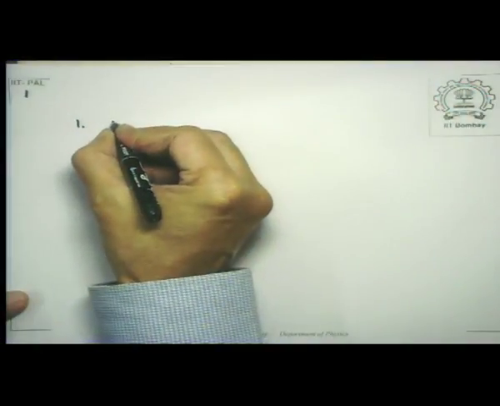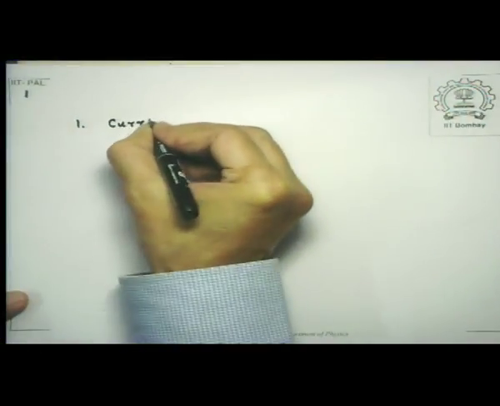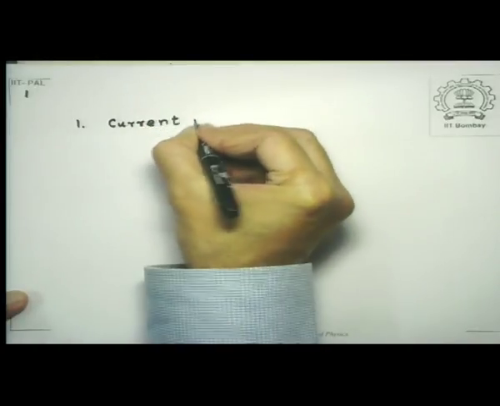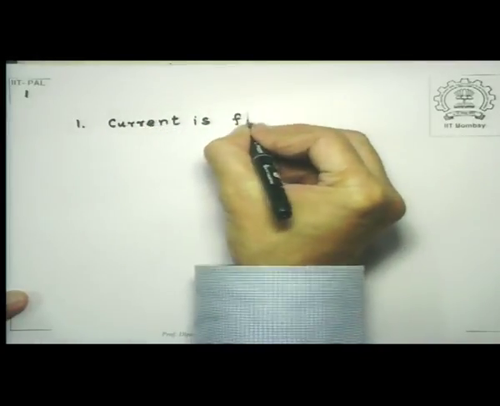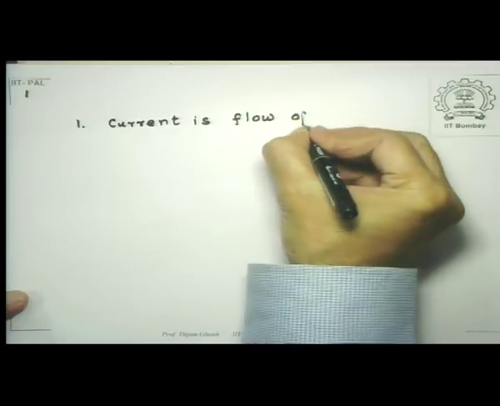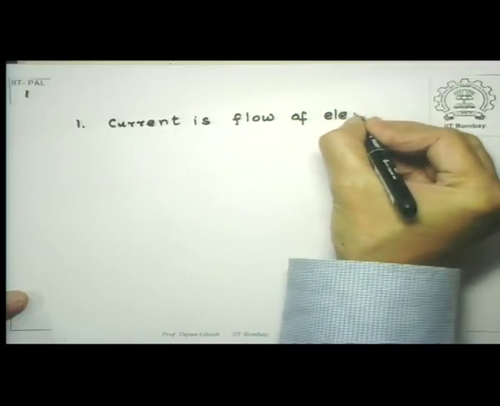So, I will start my lectures by summarizing what we did yesterday. The first point was that we defined current and we said current is a flow of electricity, or electric charges if you like.